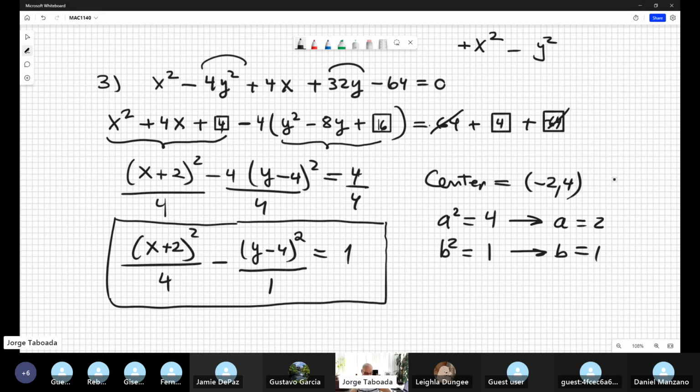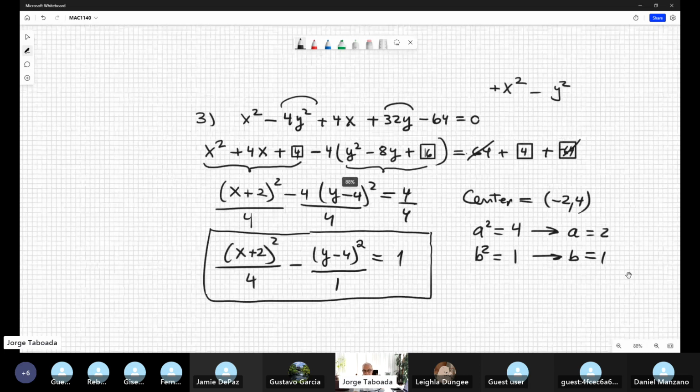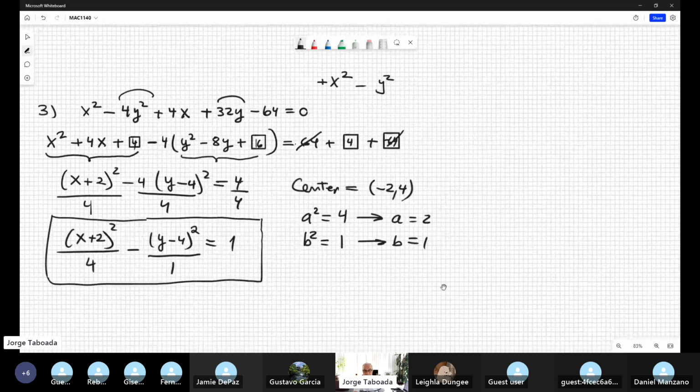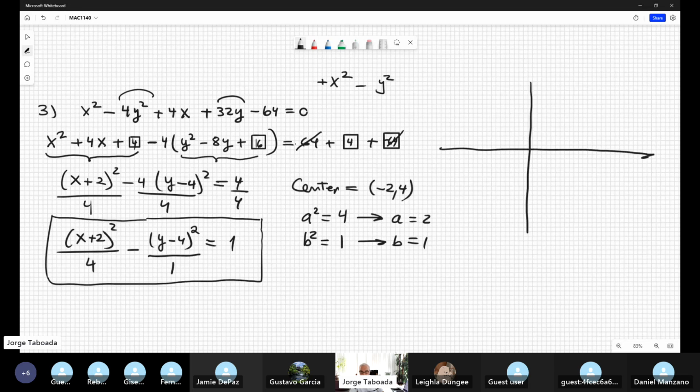Okay. Now, to do a decent graph of the hyperbola, first of all, you plot the center. The center is located at the point -2, comma, +4. 1, 2, 3, and 4. This is the center.